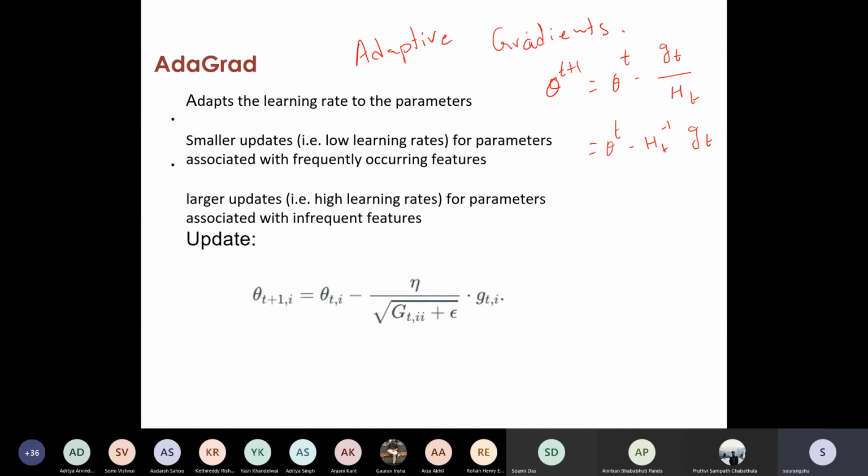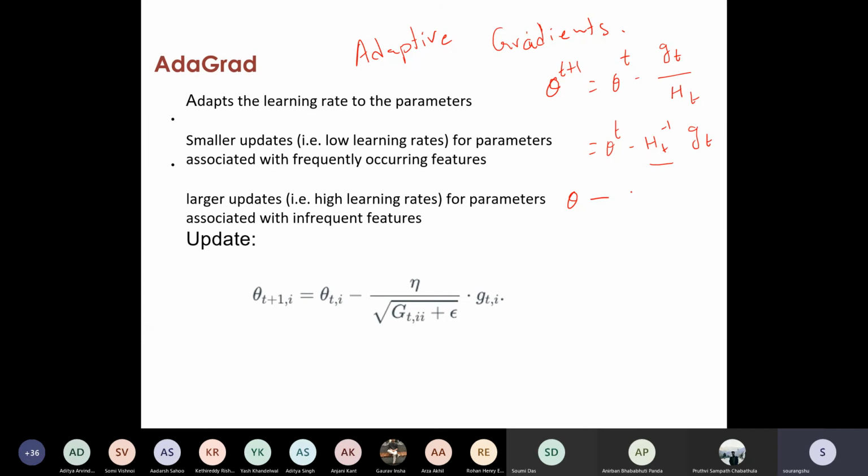So what is happening here? Basically, this ht is the second moment of the gradient. That is one way of thinking about it: ht is the second moment of gradient, or it is measuring the rate of change of gradient. But the reason we don't use second order methods for machine learning is that typically your theta is very high dimensional.